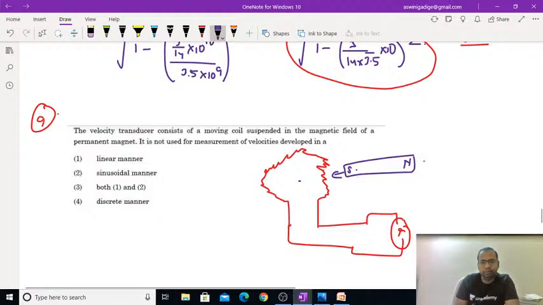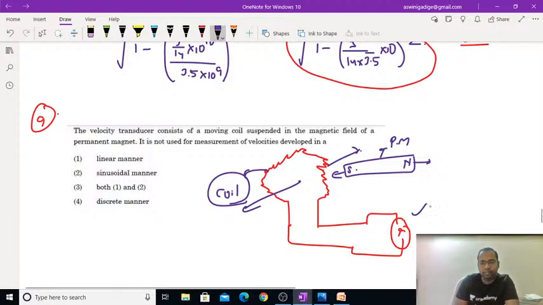Moving this magnet in this direction, to and fro, and it is the coil. So moving this permanent magnet to and fro through this coil, in this direction and in this direction, like this.